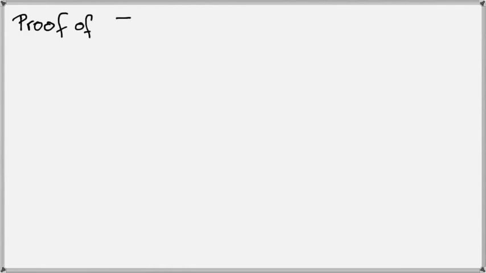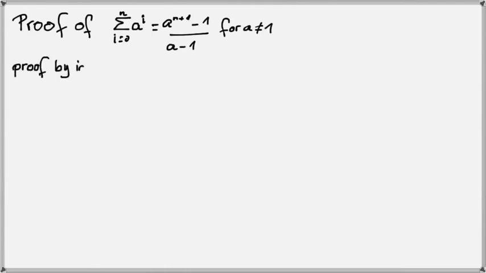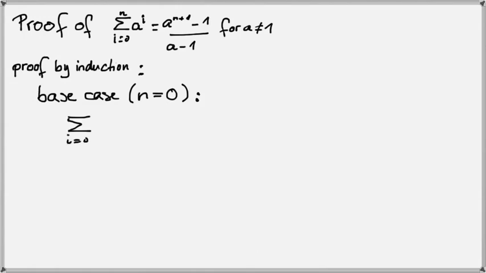Okay, so let's use this opportunity to do a proof by induction. Let's prove the geometric series by induction. We need a base case. The base case here: our sum starts at i being 0, so the base case is n is 0, and then we only have one term, namely a to the 0, which is 1.